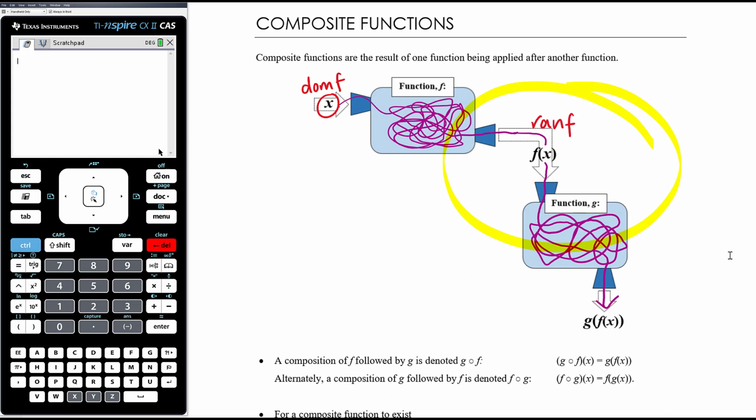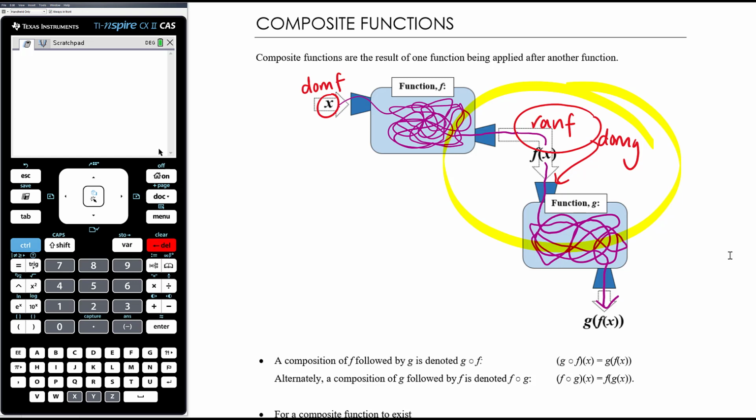But then we're going to make the range of f become the domain of g. So the range of f has to be able to be the domain of g. And so what that means is that the composition can only occur if the range of f is a subset of or equal to the domain of g.